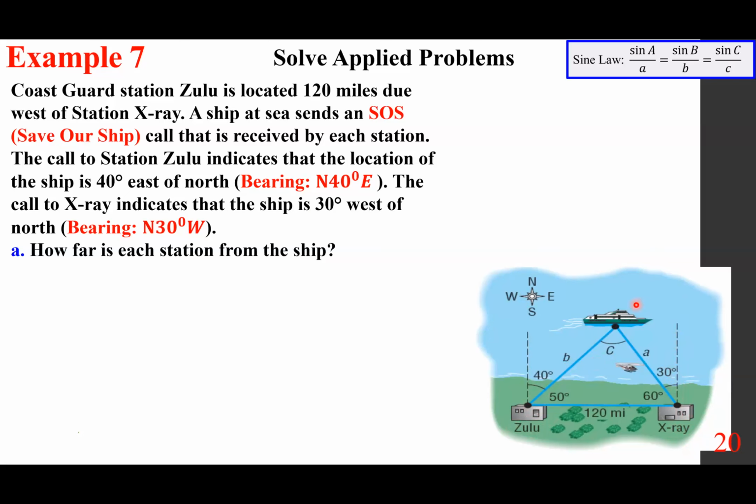So we're going to triangulate to figure out what's going on. We know the two stations have a distance of 120 miles. So we want to see how far each station is. In other words, we want this distance as well as this distance.